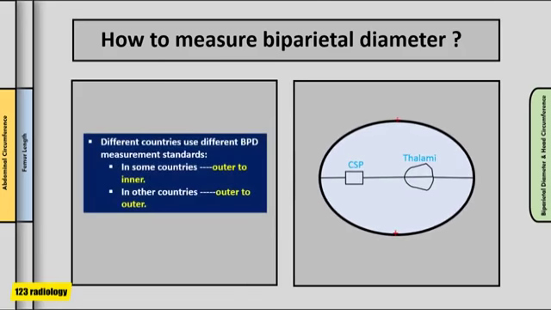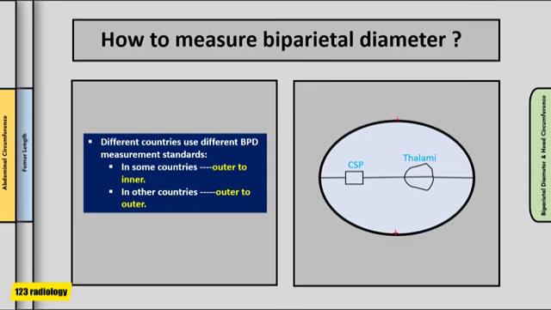It is important to note that different countries use different biparietal diameter measurement standards. In some countries, biparietal diameter is measured at the widest part of the fetal skull from the outer edge of the proximal parietal bone to the inner edge of the distal parietal bone, outer to inner.